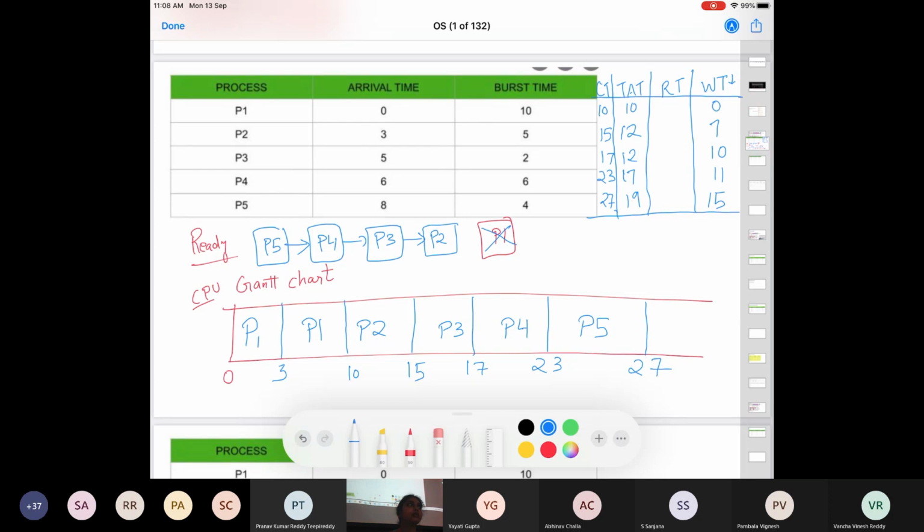So what do you think is the correlation between response time and waiting time in this particular case? So response time is the first time the process got a response. Waiting time is the total time it waited in the ready queue, right? So for this particular scheduling algorithm, the waiting time will be equal to the response time, because the very first time I got the response, you are not going to remove me from CPU after that, right?